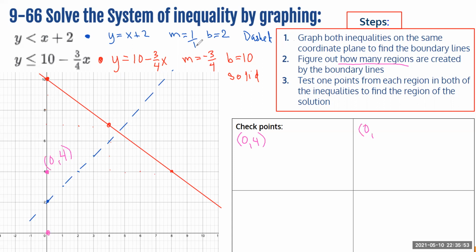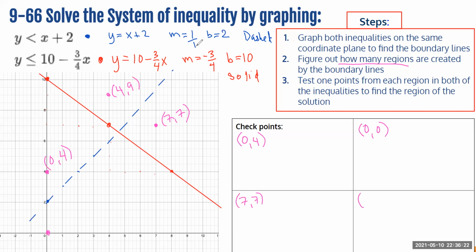We'll test 0, 0. And keep going, maybe up here on the right. If I can't plug in a 0, it's nice to have matching coordinates. So how about 7, 7? That way I don't get my x's and y's mixed up. And then something up here like 4, 9.